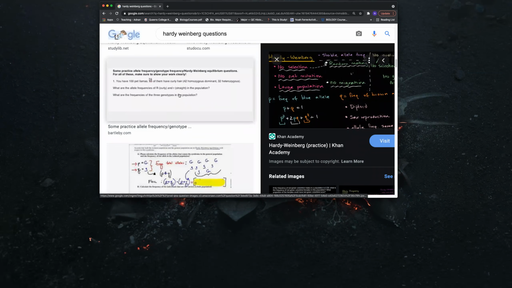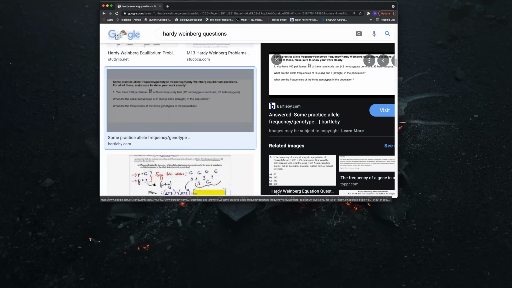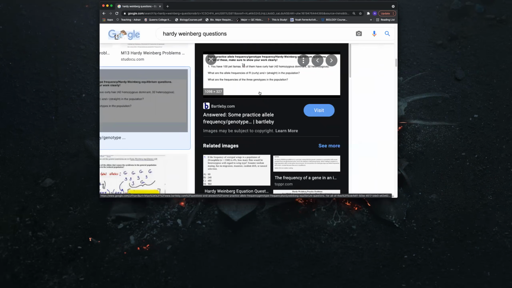This is the question we were up to, right? Okay, so 74 of them have curly hair. So 42 homozygous dominant, 32 heterozygous. So tell me what these things are in the PQ stuff. On the PQ stuff, we have 100 llamas, so that's out of all of it.